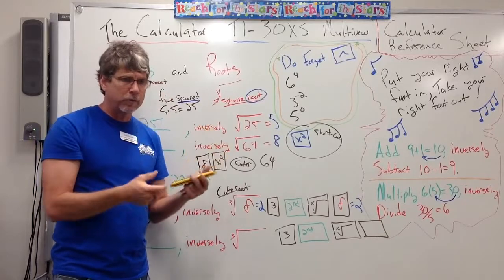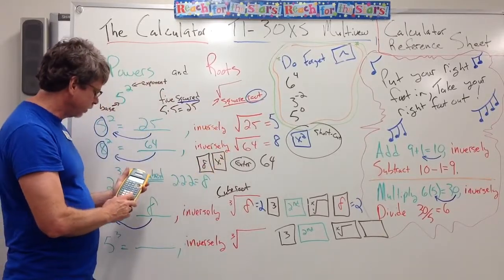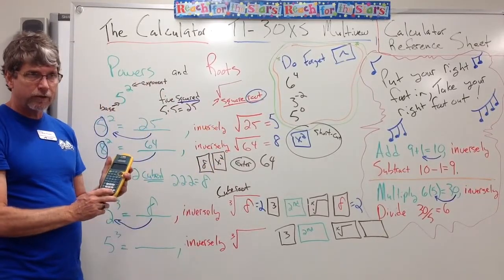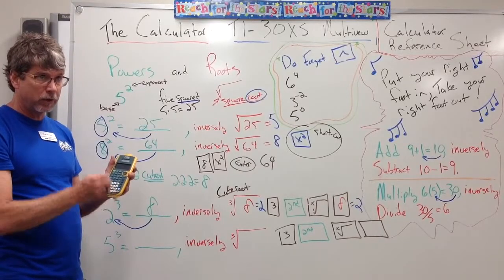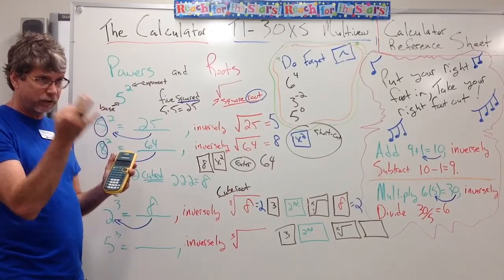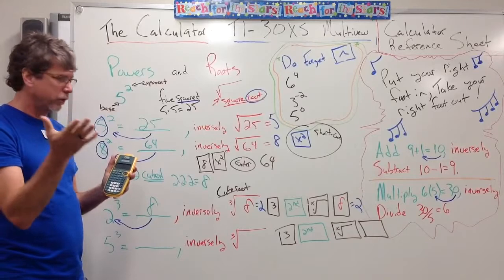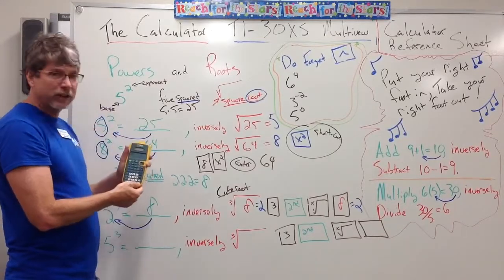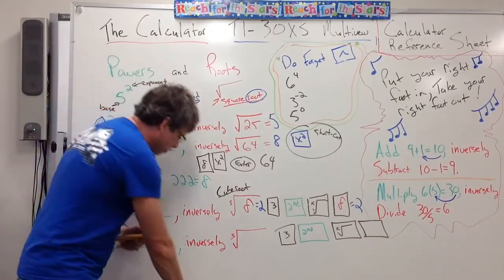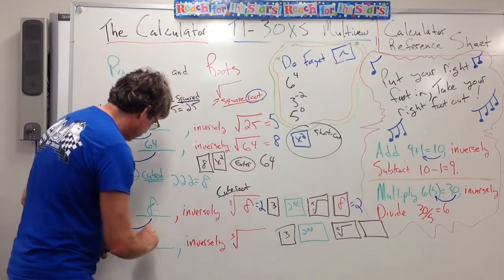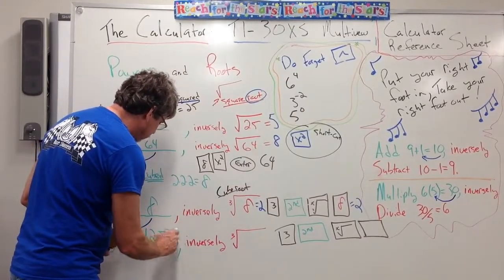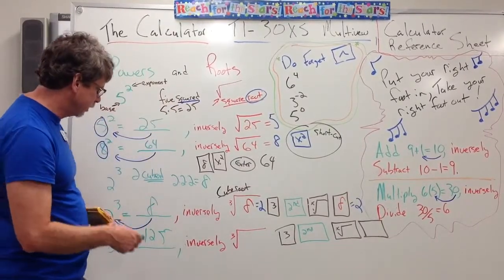Now it's waiting for me to put a 3 in there. Hit the 3. 5 times 5 is 25, and 25 times 5 would be 25, 50, 75, 100, 125. Or if I just hit the enter button, it'll give me my 125. So 5 cubed is actually 125.